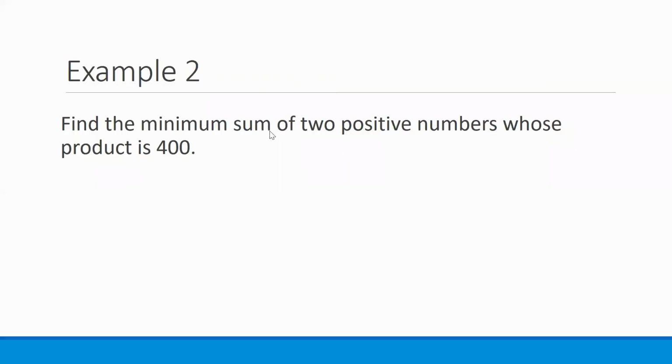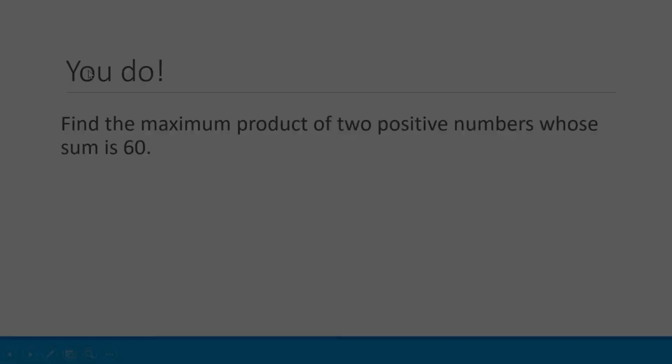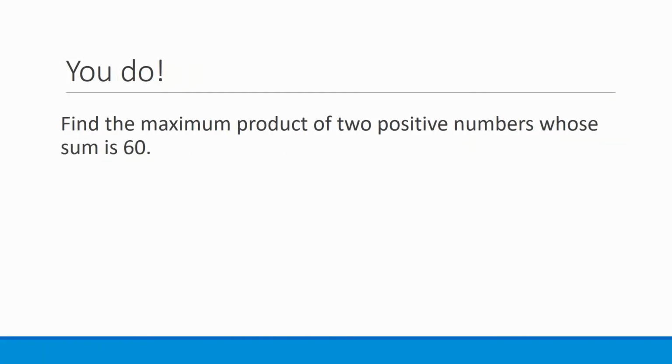So the minimum sum is going to be 40, and that happens when the positive numbers are both 20. I would like you to pause this video and then try this problem on your own.